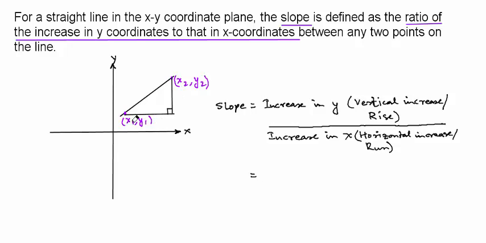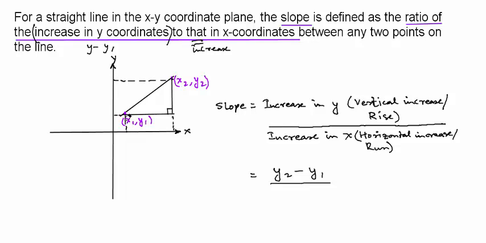That is equal to, for these 2 points, the increase in the y value between these 2 points, which is y2, the y value of this point, minus the y value of this point, which is y1, over the ratio of the increase in the x coordinates. So this is y2 minus y1 over the increase in x coordinates. Now if you look at this point and this point, the x coordinates, just like the y coordinates, let me draw a dotted line so that you could understand the increase.